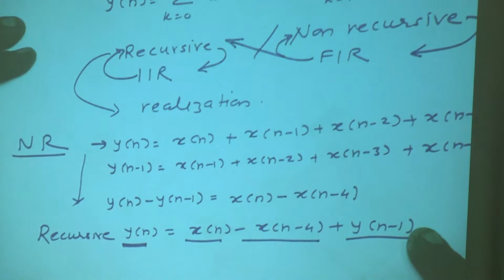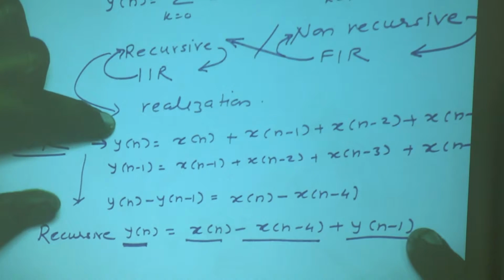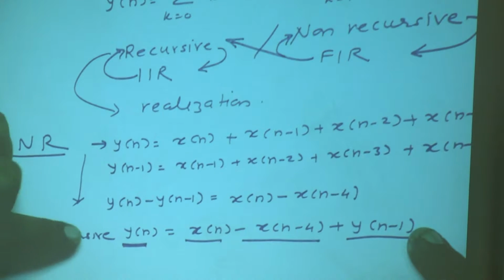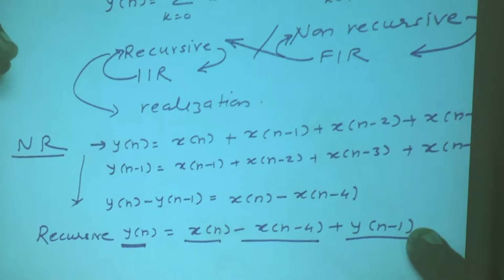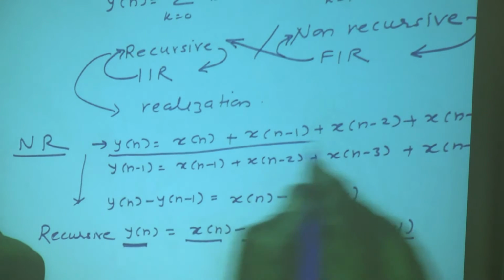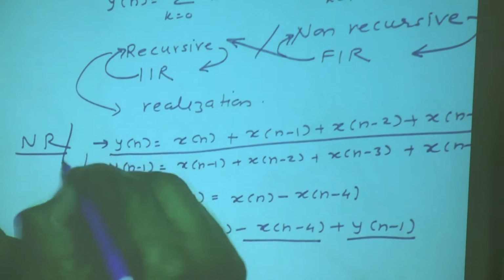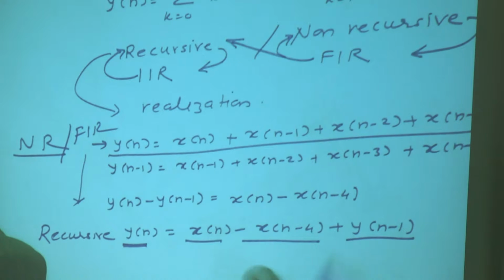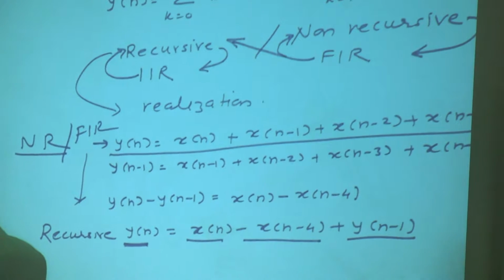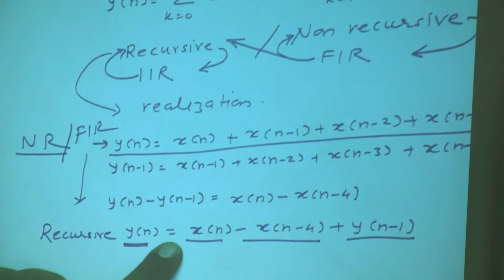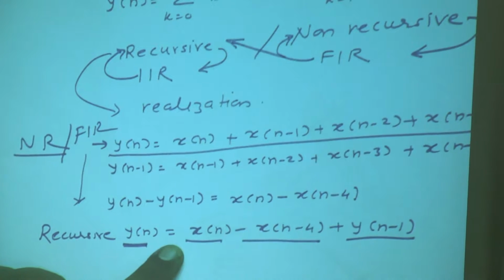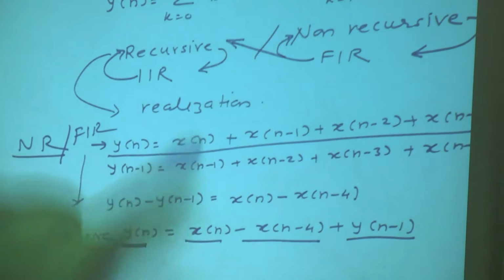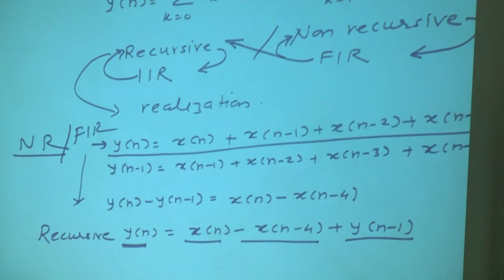This equation still has a finite impulse response. The impulse response of this system is finite. This system started as a non-recursive FIR, where all b_k are 1. So it's a finite impulse response system that can be realized using a recursive relation. Only in some cases it's possible, not all.